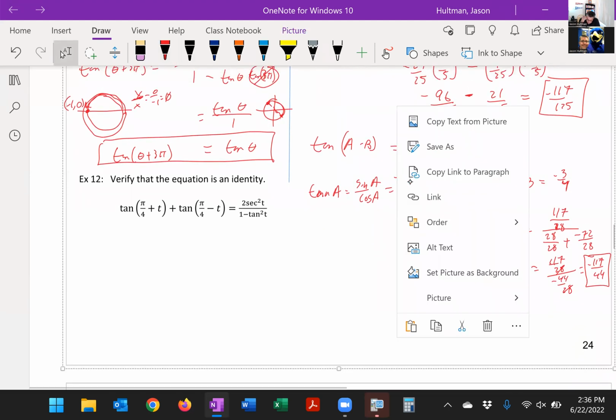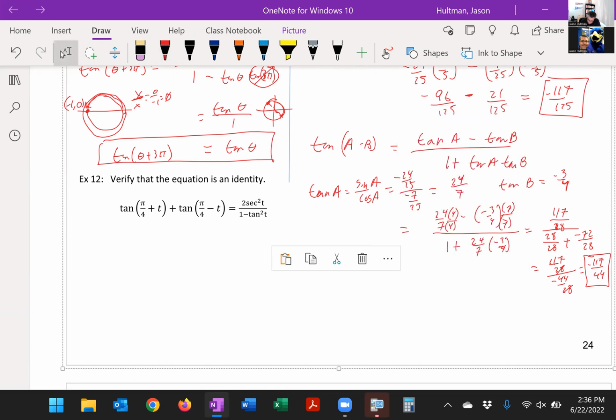Okay, let's verify that the equation is an identity here. We have tangent of pi over 4 plus t plus the tangent of pi over 4 minus t is equal to 2 secant squared t over 1 minus tangent squared t. So we want to do the tangents here, using the sum property of tangents.